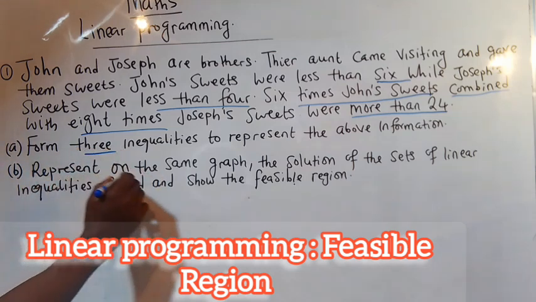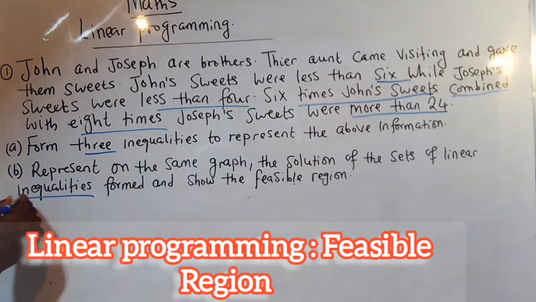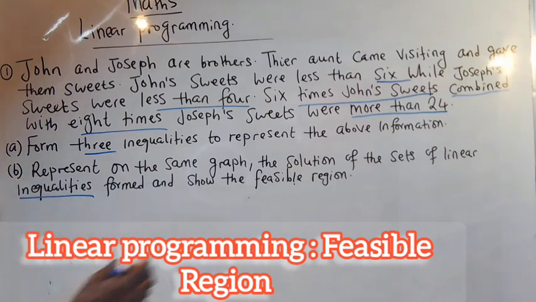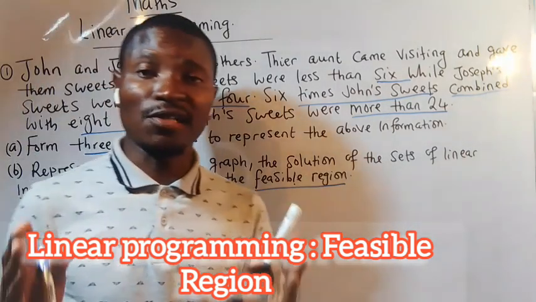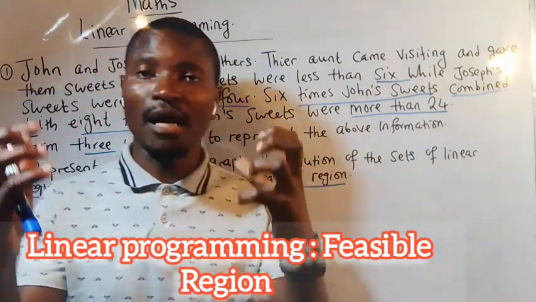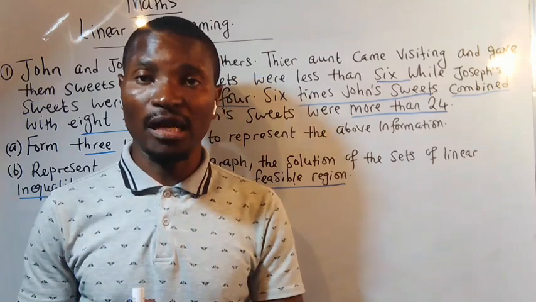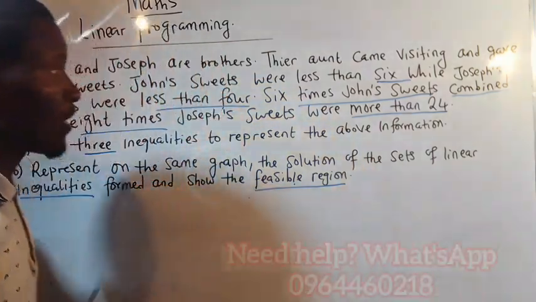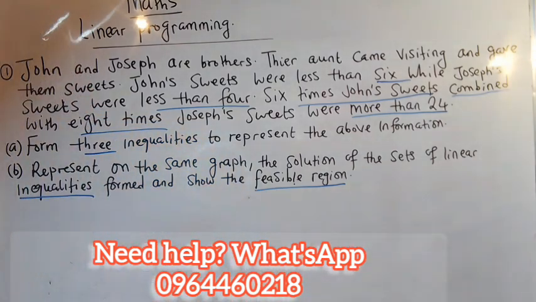And number 2, represent on the same graph the solution of the sets of linear inequalities formed and show the feasible region. So the first step is to come up with the inequalities, and 3 of them. We need to find a way of showing this.